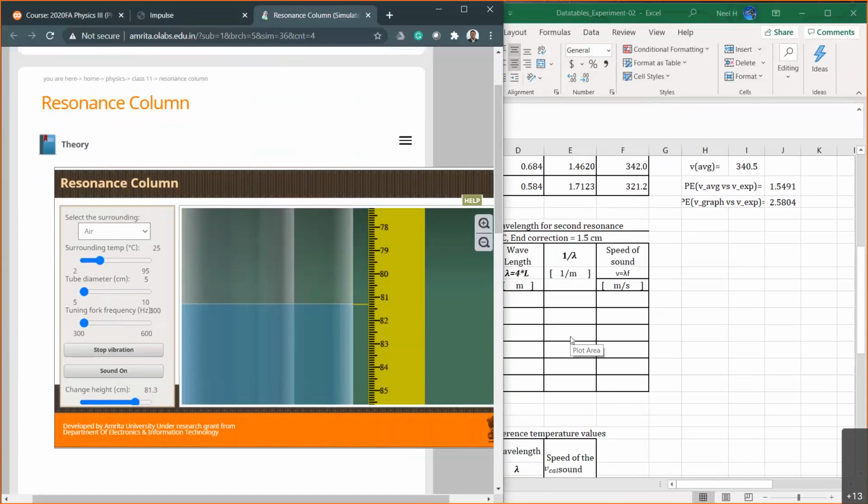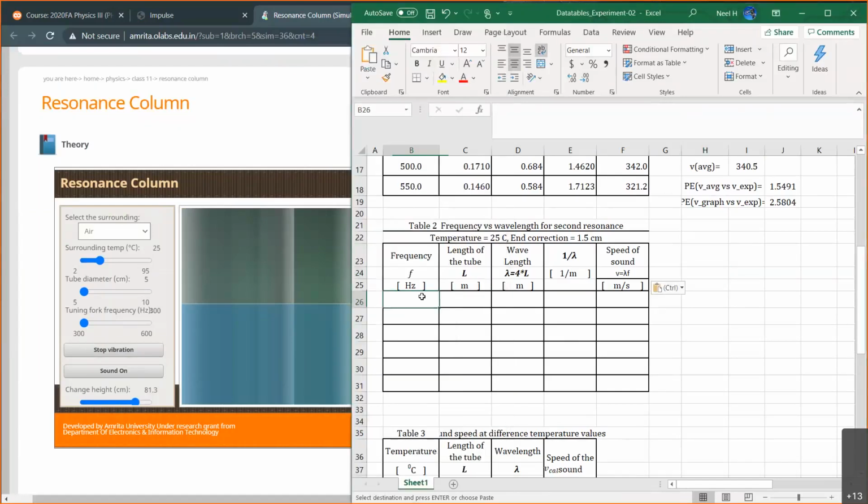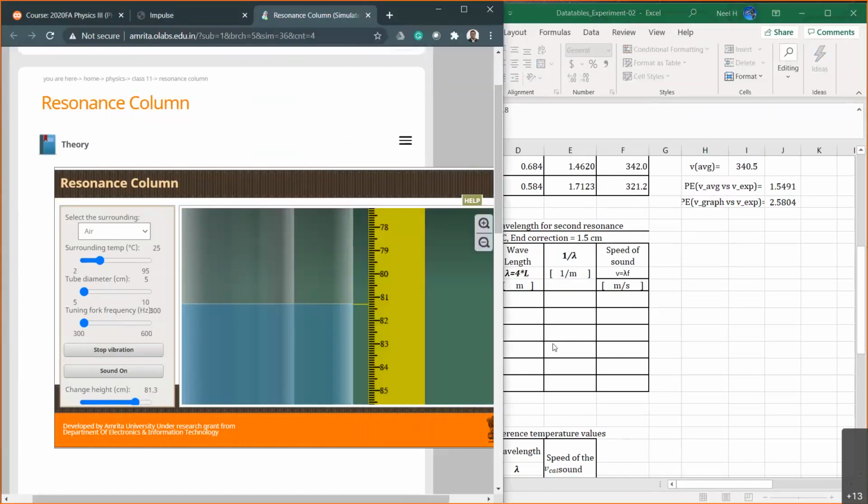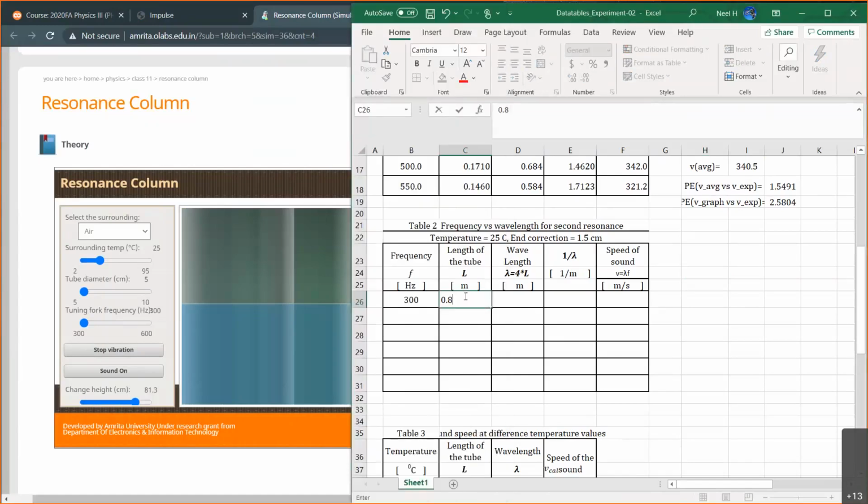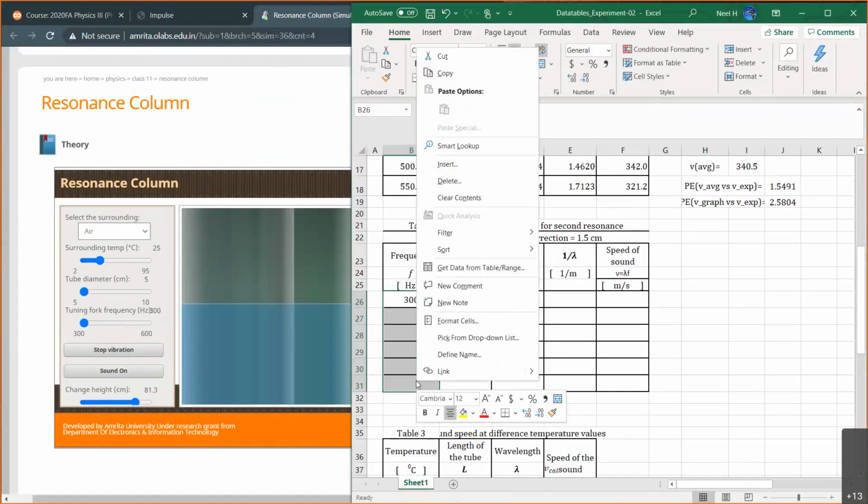Okay, question. Frequency 300, length is 81.3, which means I need it in meters, right? 0.813. Go back and take a look, 0.813. And then I need to have 4 significant figures, right?